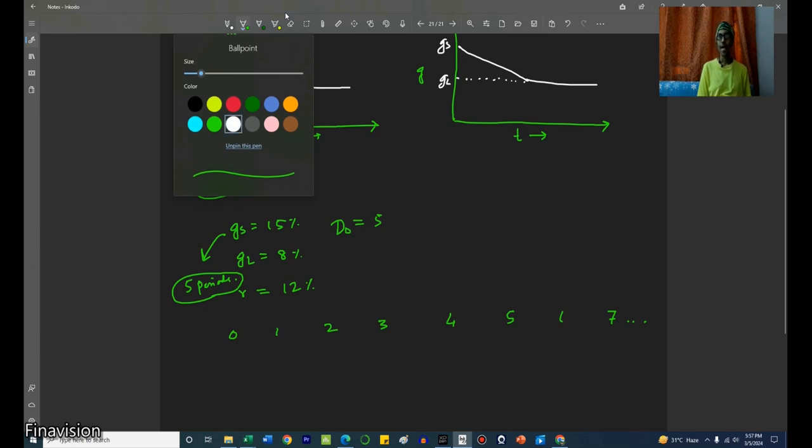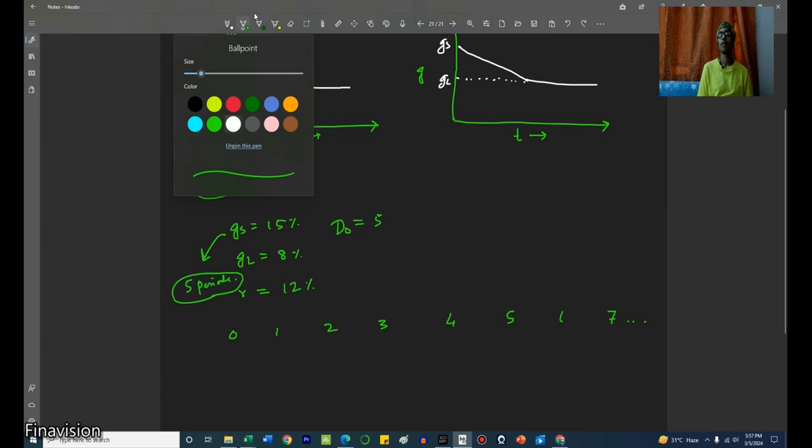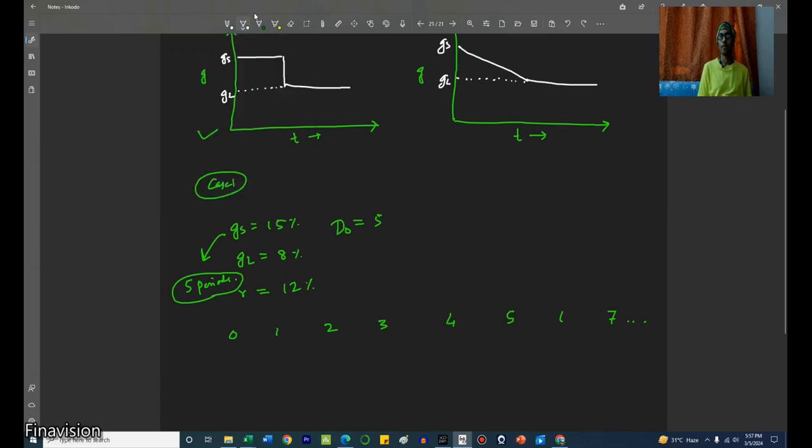So at t is equal to 0, the dividend is $5.